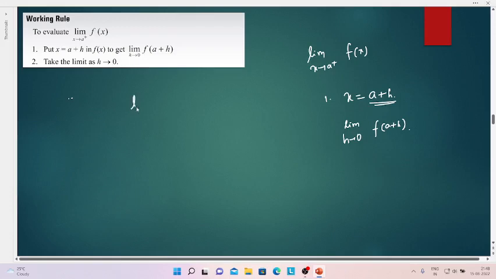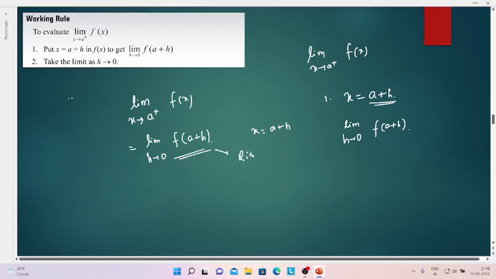If you have a question where x tends to a plus of f(x), first of all, you have to put x equals a plus h, and take the limiting value as h tends to 0. This is called the right hand limit, the process of finding the right hand limit.